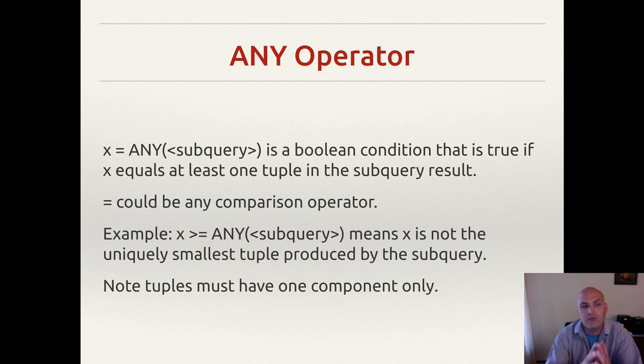Another alternative is ANY. ANY is very similar in many ways. Basically, the condition is true if X, whatever we're comparing to the subquery that's wrapped in ANY, equals at least one tuple of the subquery result. This is very similar in some ways to EXISTS.